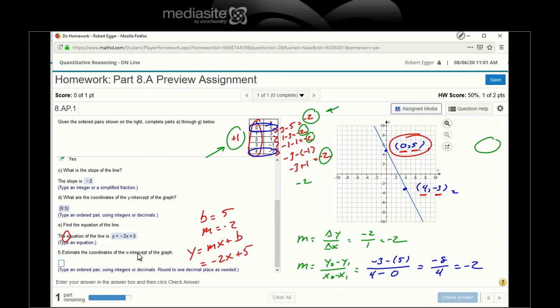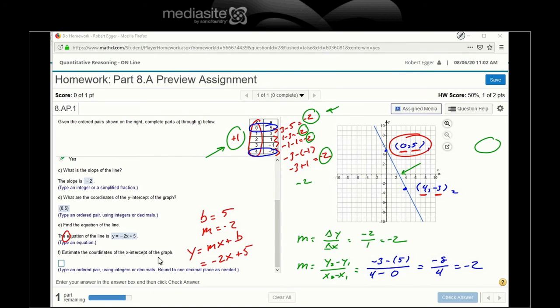Estimate the coordinate of the x-intercept. So we're going to look at the graph here and look at that intercept. It looks like it's between 2 and 3.